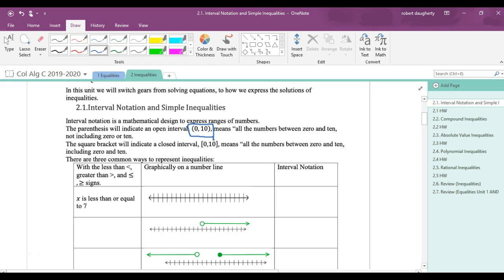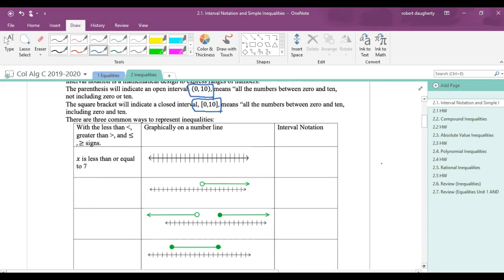But in interval notation, it means all the numbers between 0 and 10, but it does not include 0 and it does not include 10. Right here, where you see the brackets, that means all the numbers between 0 and 10, but what? Including 0 and including 10, okay? So that's the whole lesson right there, just making sure you're solid with this.